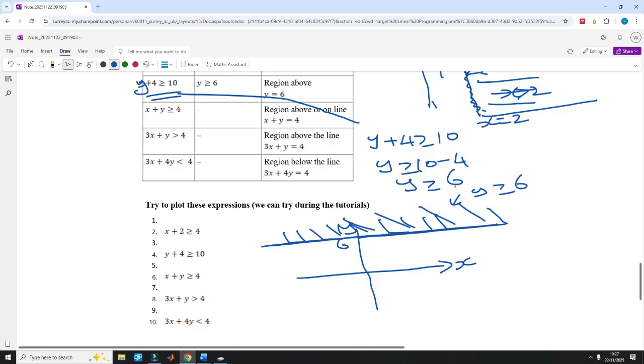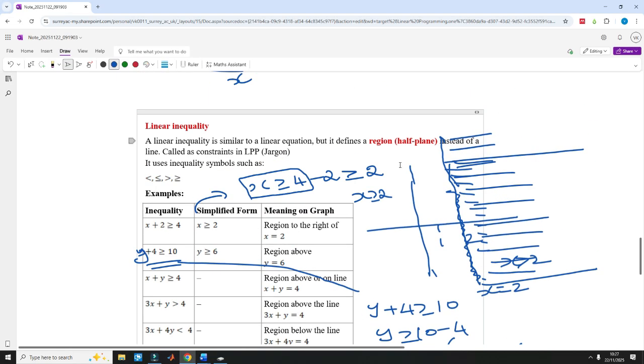So what we learned so far is if you have a linear inequality, it usually defines a region or a half plane instead of a simple straight line. That's the difference between a linear equation and a linear inequality. We are learning the jargons bit by bit.